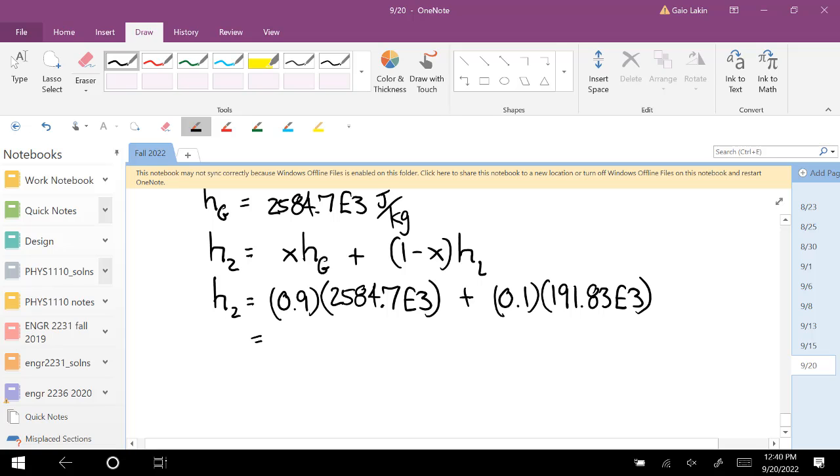And you get a value of 2345.4 times 10 to the third joules per kilogram.